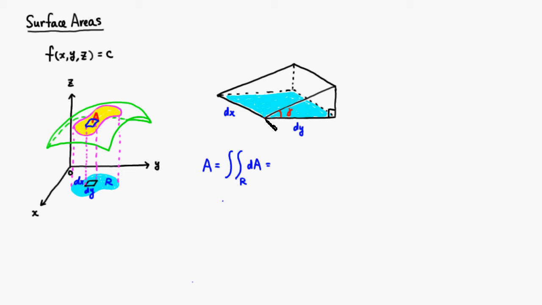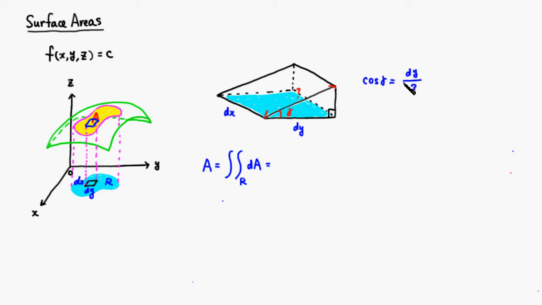So how long is this side? We know that the cosine of gamma, being adjacent over hypotenuse, is dy over the length we're looking for.